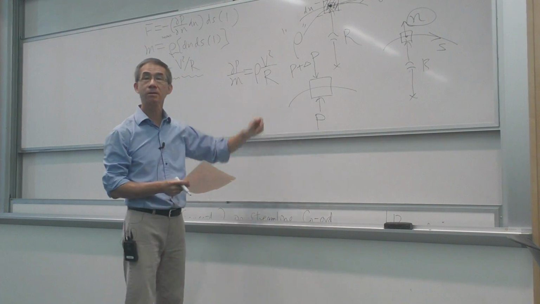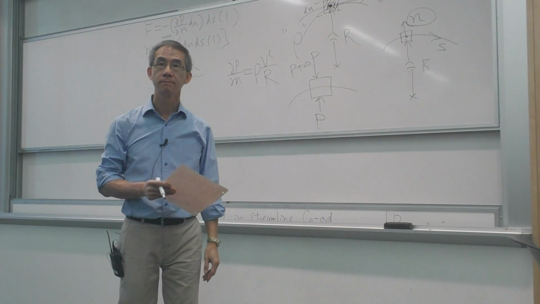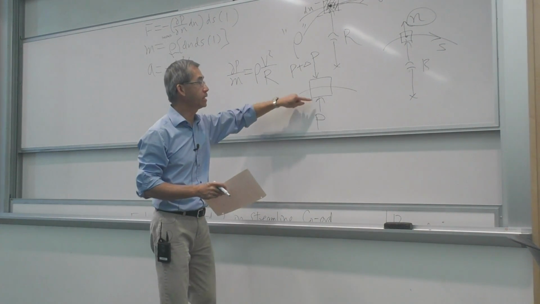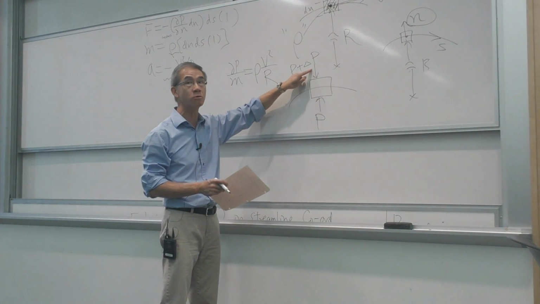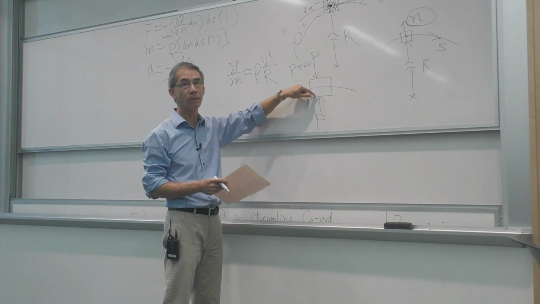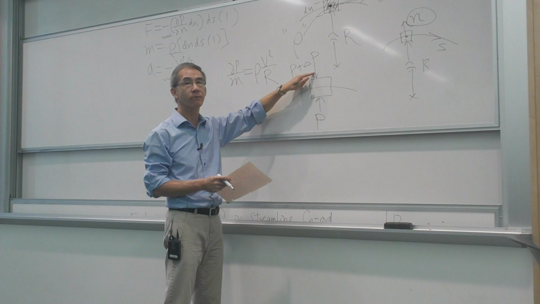Yes? So is the delta P for the change in height? The delta P is the change in pressure due to a change in the N direction, which happens to be the height, but I don't want to read it that way.